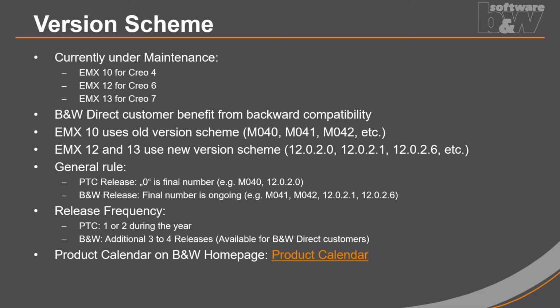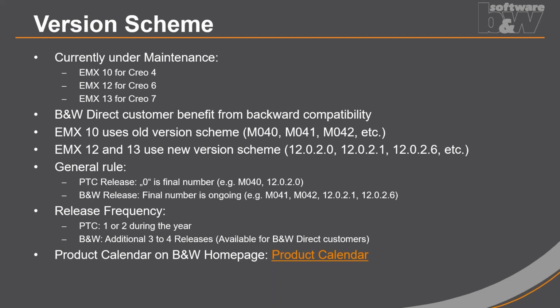EMX 10 still uses the old version scheme, MO40 and so on, and EMX 12 and 13 already use the new version scheme with 3 digits at the end. Generally, in case we release a version through PTC, you will always find a 0 at the end of these version strings, like displayed here in the examples.